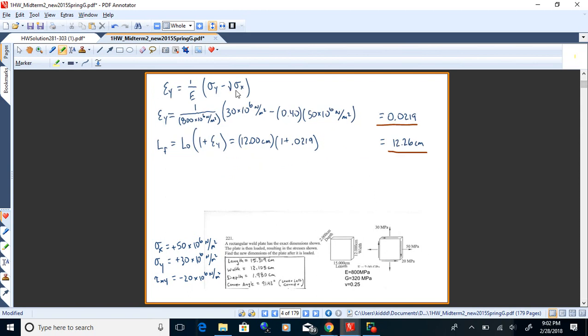Similarly, we can plug in the values here and find epsilon y. It's 0.0219. So that means the y direction gets 2.19% longer. And there I go, find the final length: 12 times 1 plus 0.0219 is 12.26 centimeters.